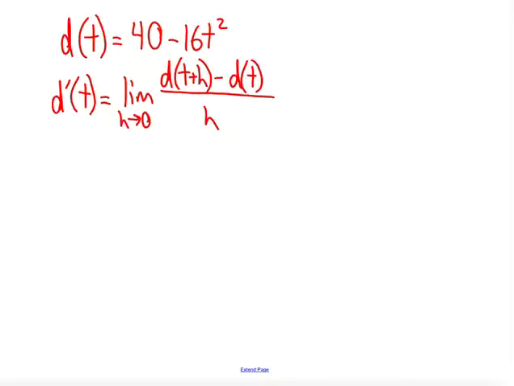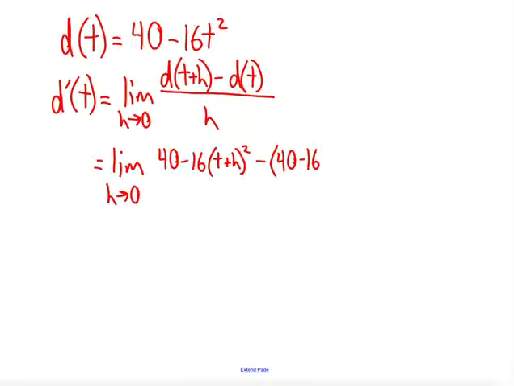Now it's the limit as h approaches 0 of d of t plus h, which is 40 minus 16 times t plus h squared. And then we subtract the original function, 40 minus 16t squared. That's all over h.